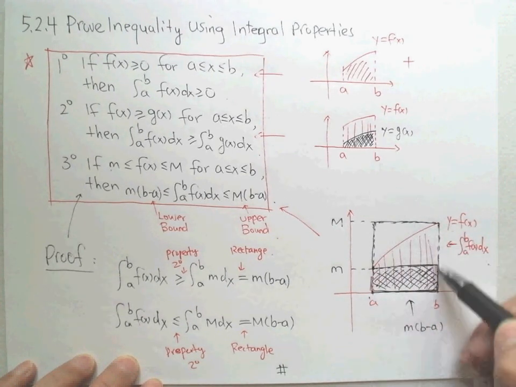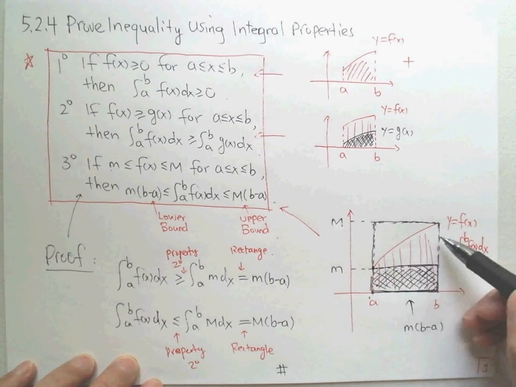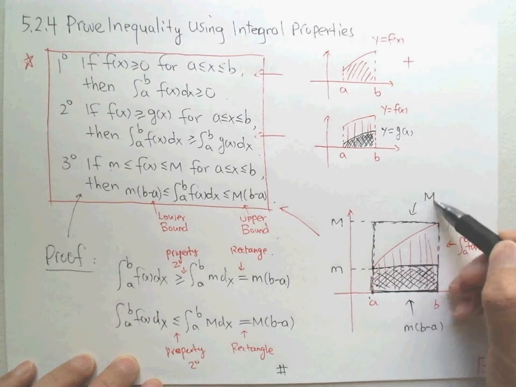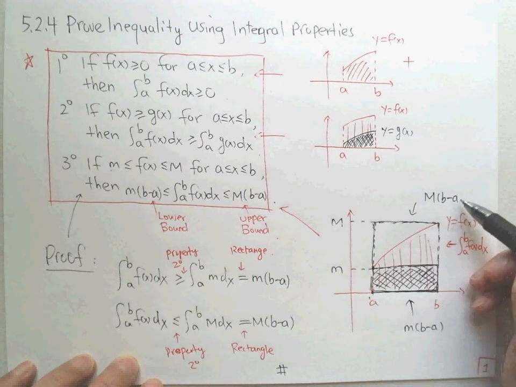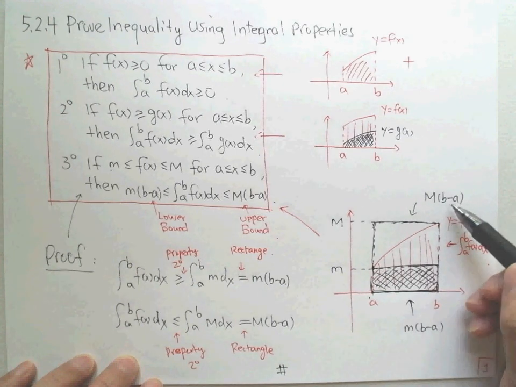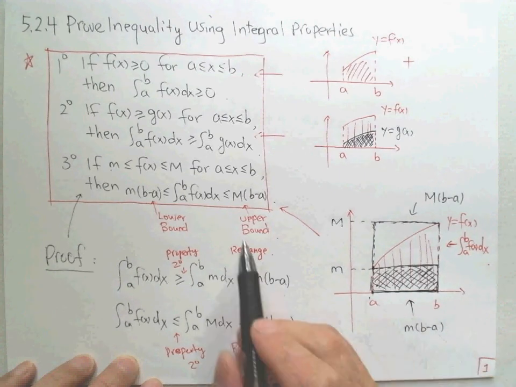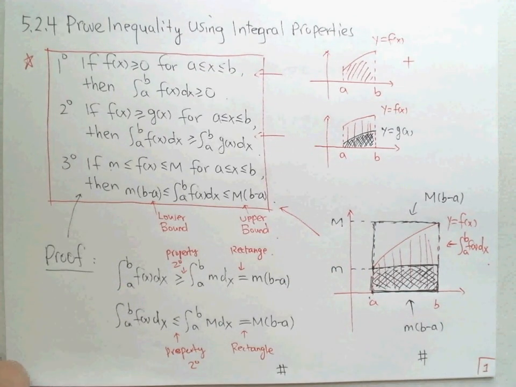The big one, like a square one, is the right side. This is the height capital M times the width (b minus a). Can we see? This is the biggest, this is the middle, this is the small one. That's exactly this, right? Also, you can prove it in this way.